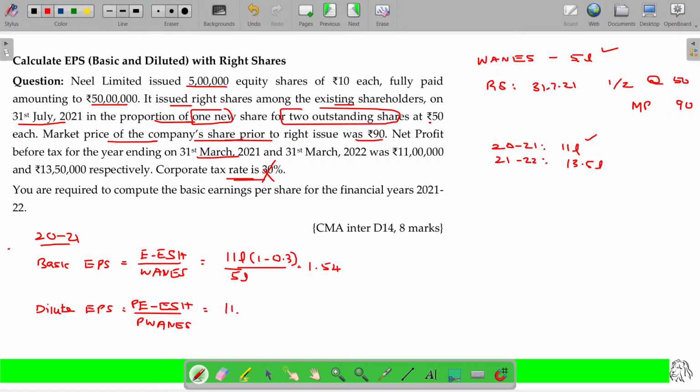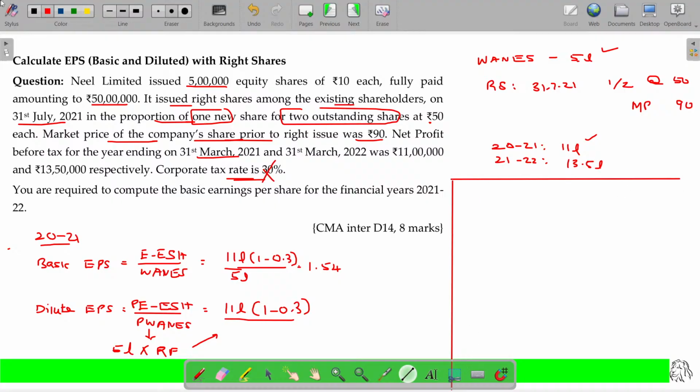So 11 lakhs into 1 minus 0.3, divided by, what about this value? This value will be calculated using the right factor in case of right shares. How do I calculate the right factor here? Let's see. For the calculation of right factor, let me explain here.